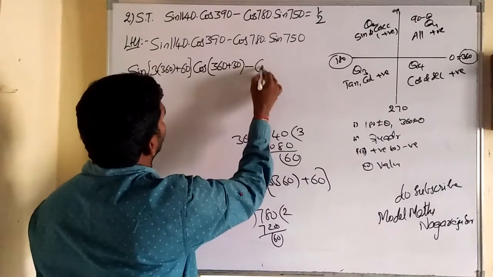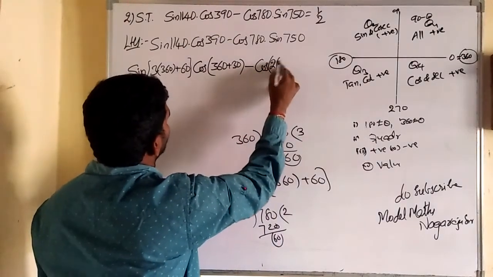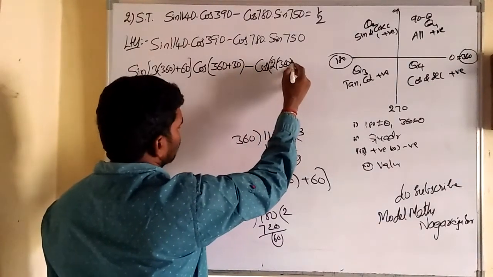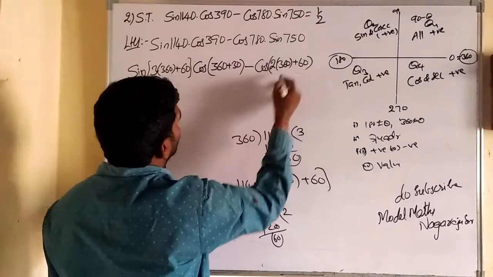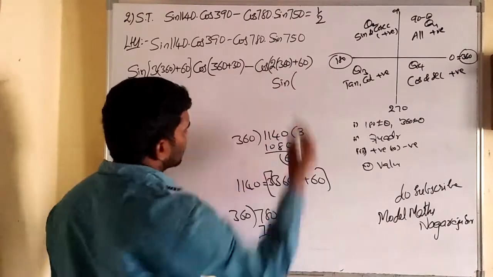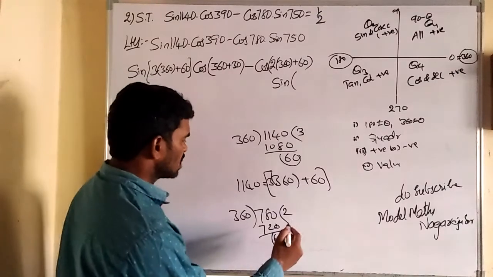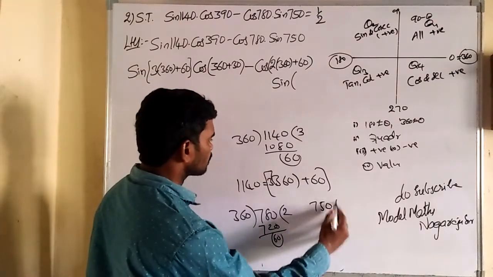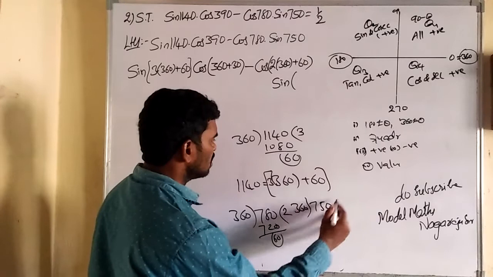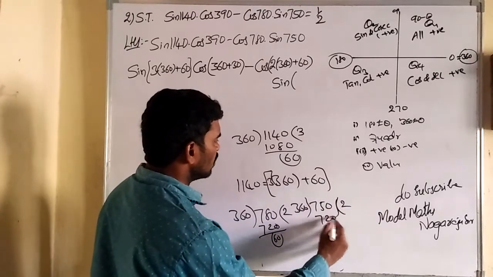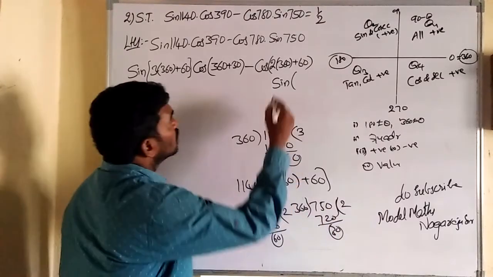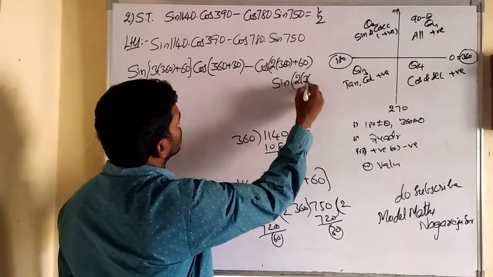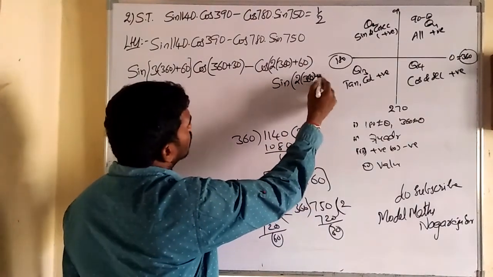So we can write cos of 2 into 360 plus 60 into sin of 750. 750 also, 2 into 360 is 720, plus 30. So 2 into 360 plus 30.